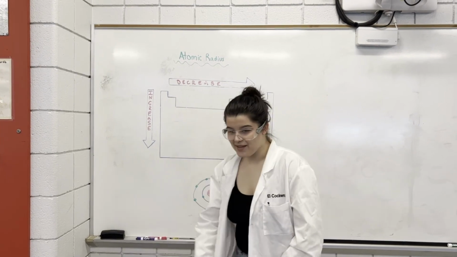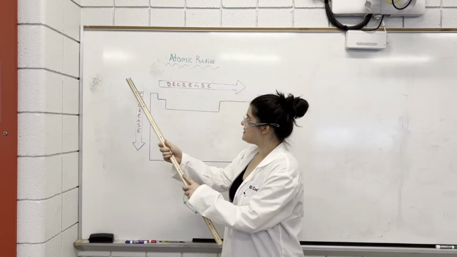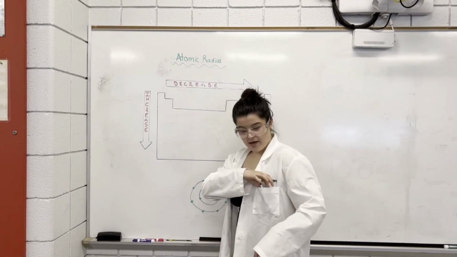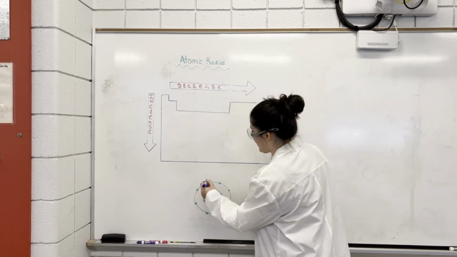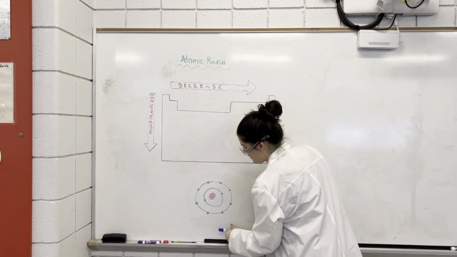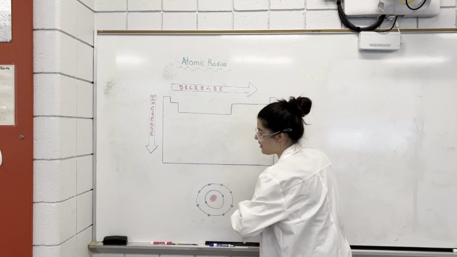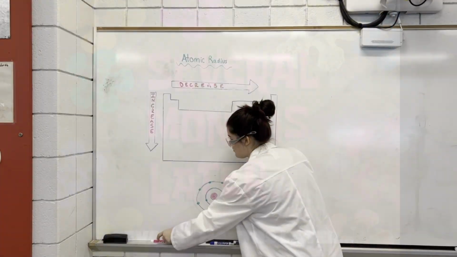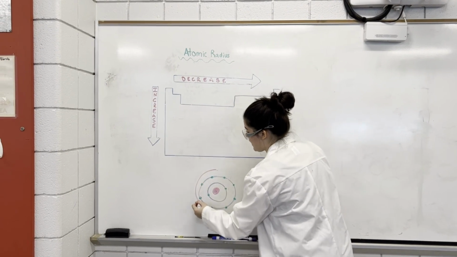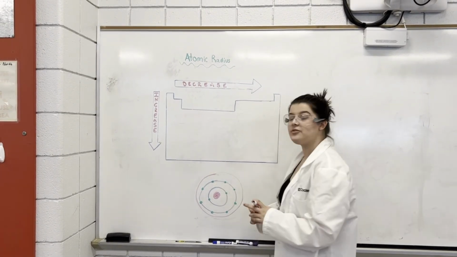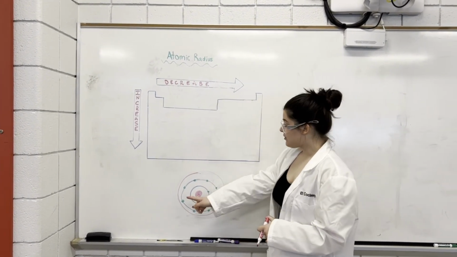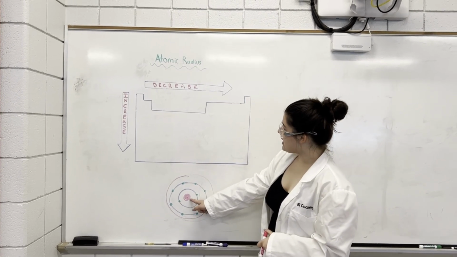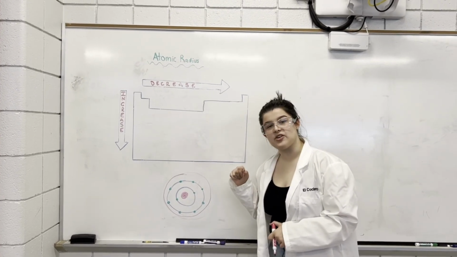I'll tell you. Atomic radius increases down a group because you are adding an electron sublevel to your atom, which means there is more distance between the nucleus of an atom and its outermost shell of electrons.